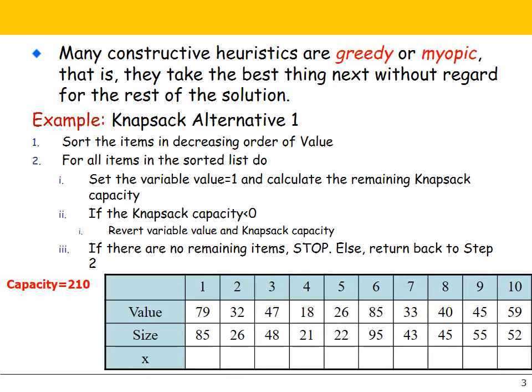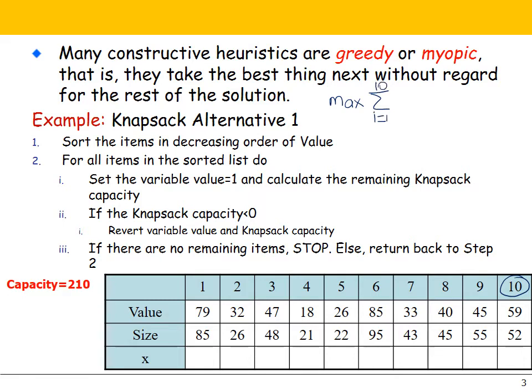The first step of the algorithm tells us to sort the items in decreasing order of value. Okay, let's first remember the knapsack problem. In knapsack, we try to maximize an objective function, which is the total utility or value. In this example, in the table, we have in total 10 items, which I'm going to call i from 1 to 10.